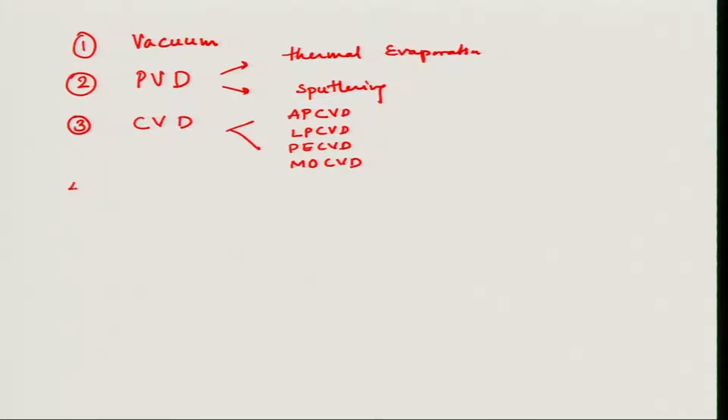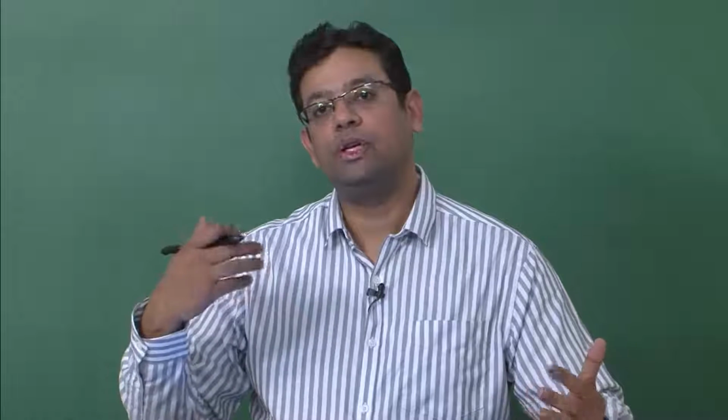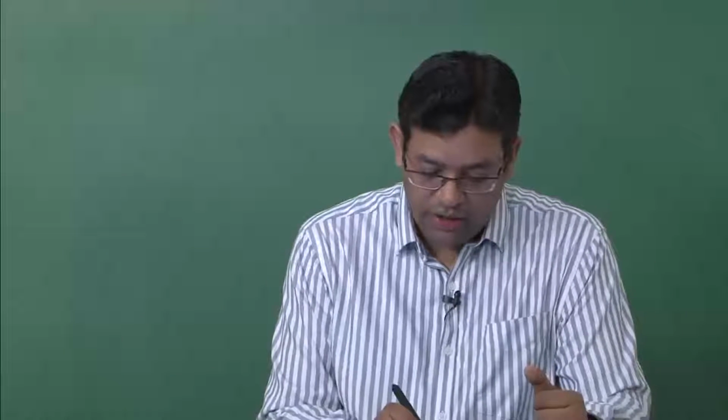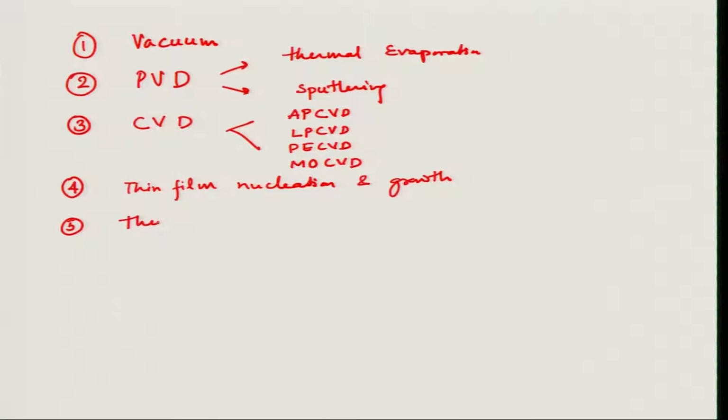We also discussed thin film nucleation and growth, different models and different parameters which determine how your thin film will nucleate on the surface and grow, what the morphology would be and how you control these, and also some thin film characterization techniques.